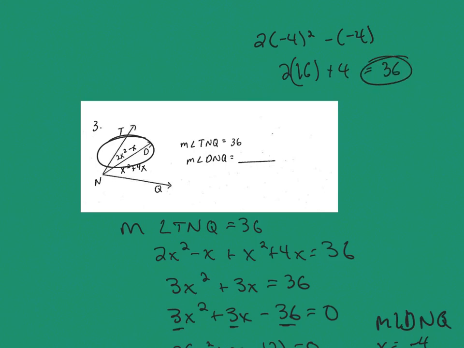That works. And if you plug 3 in, you'll get a positive solution as well. But let's try it. 2 times 3 squared minus 3, and that's going to equal 2 times 9 minus 3, which of course is 15. So both x equals 3 and x equals negative 4 are solutions for this.